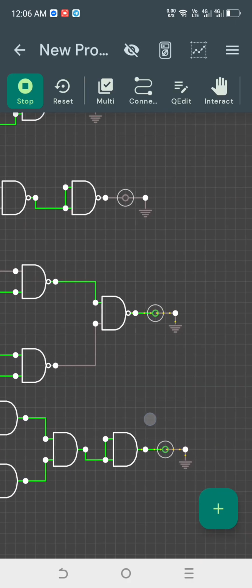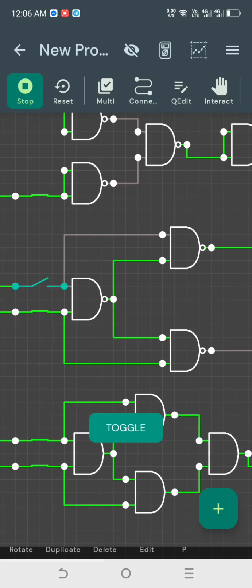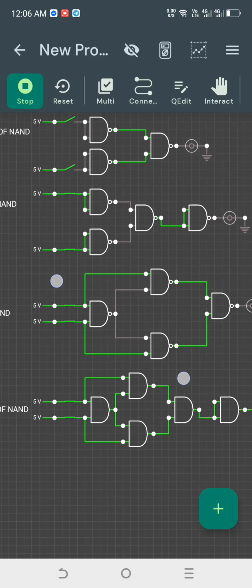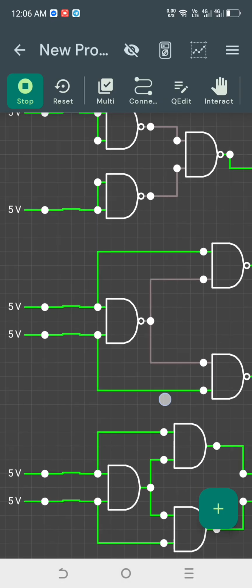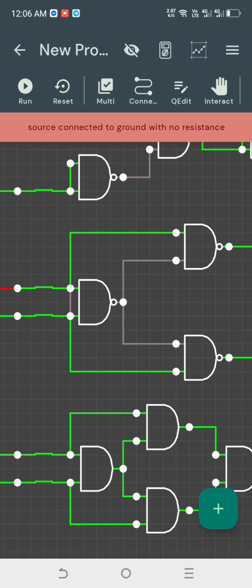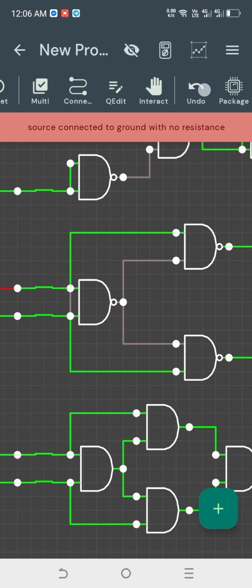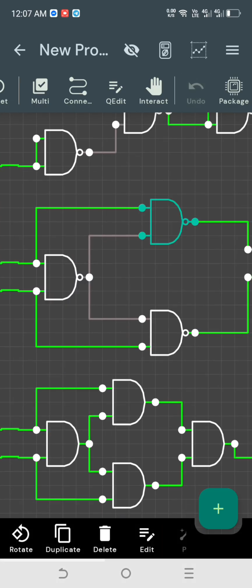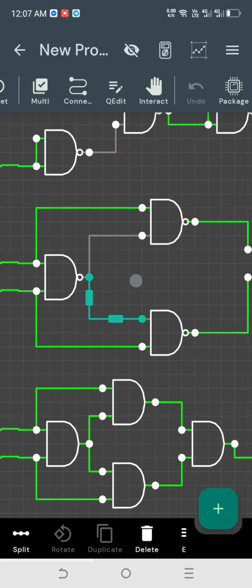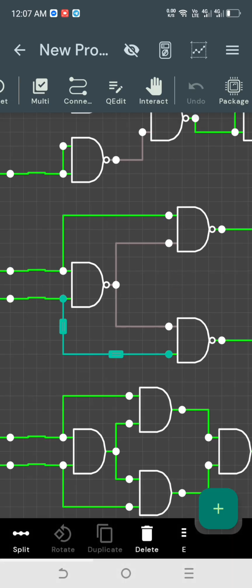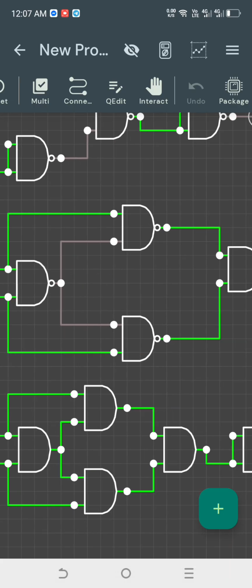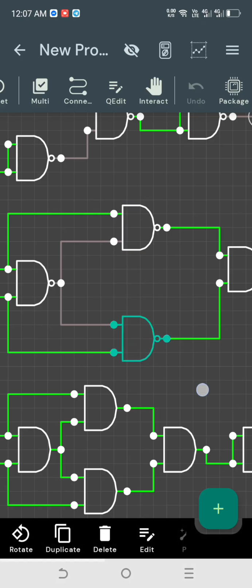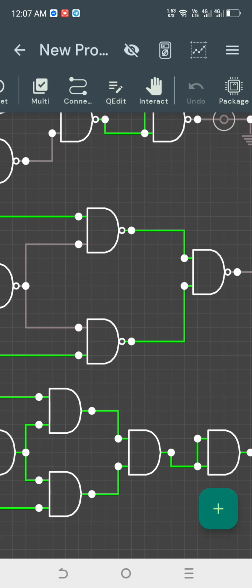So that's why. Next is XOR out of NAND. It's working, so let's try turning this off. Here, 1 and 1, the output is 0, that's why it's over here. These two lines are 0, then this one is 1. Now 0 and 1, 1 and 0, the output will always be 1 since one of them is 1.